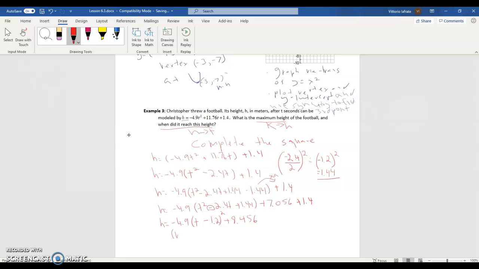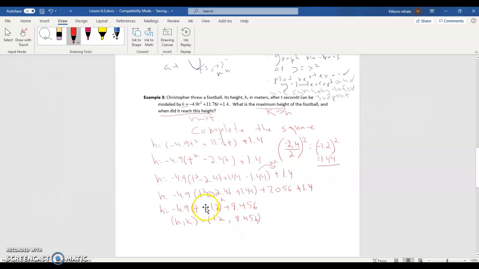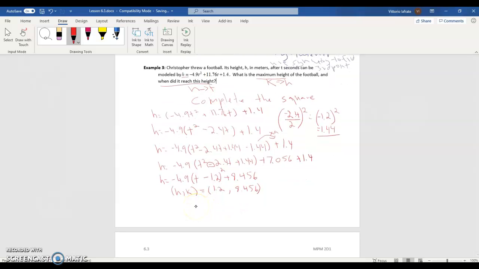So we've completed the square, and we've found our vertex. Our vertex h, k is 1.2 and 8.456. So what that means from this, when we interpret this problem, we write a therefore statement.